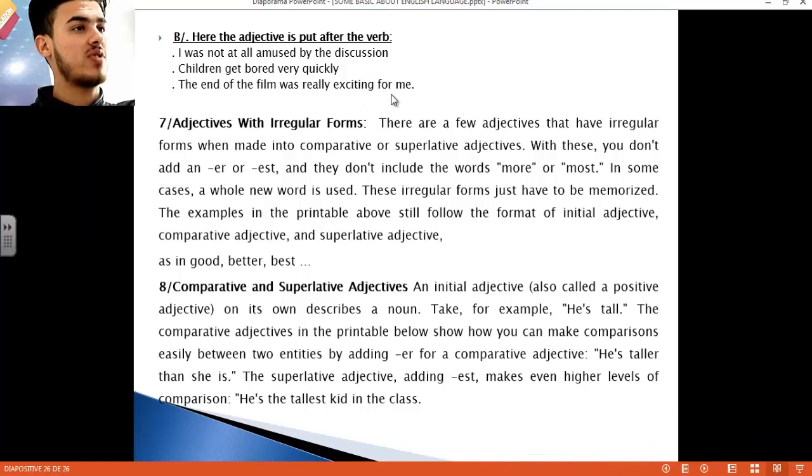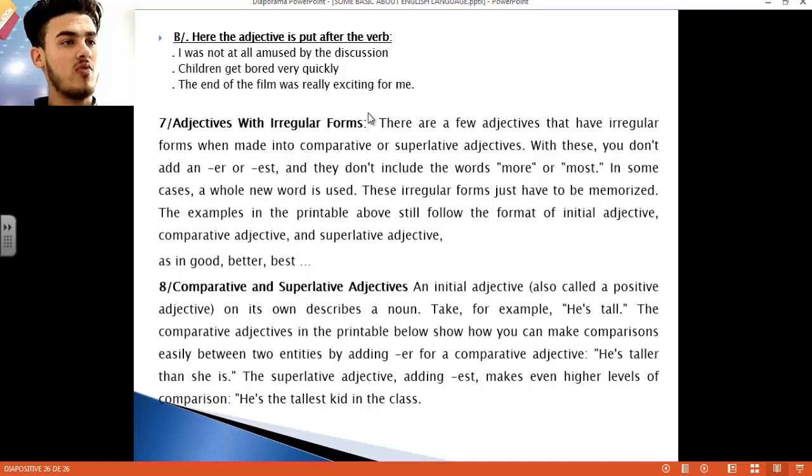So here the adjective is put after the verb, not like the previous example, in which the adjective was put before the noun. Seventh, adjectives with irregular forms. There are a few adjectives that have irregular forms when made into comparative or superlative adjectives. With these you don't add er or est at all, and they don't include the words more or most.